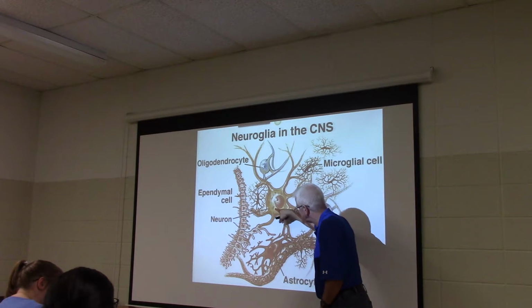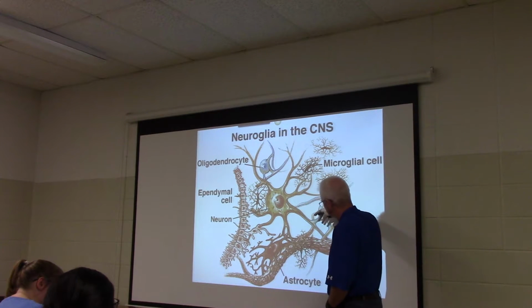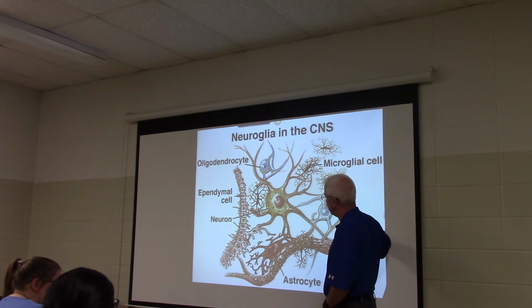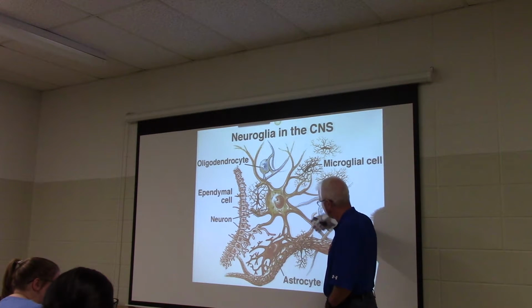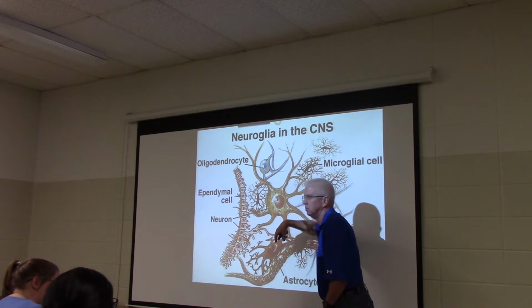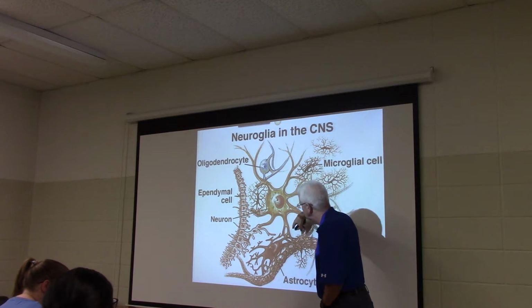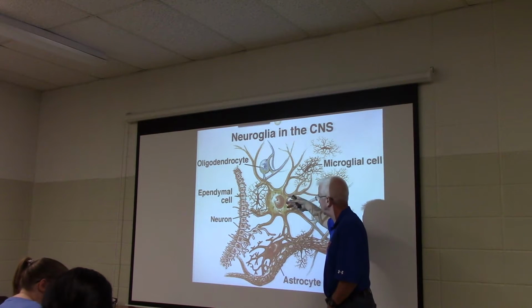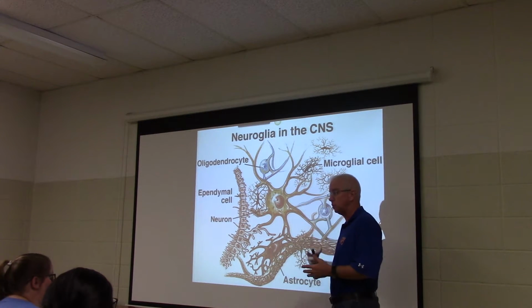This is the functional cell for communication in the nervous system, the neuron. And it consists of the cell body, which has a nucleus, and typically has one extension that carries information away from the cell. We call that extension the axon. And most of the neurons in your body, though not always, have several connectors to the cell body that bring information to the neuron.